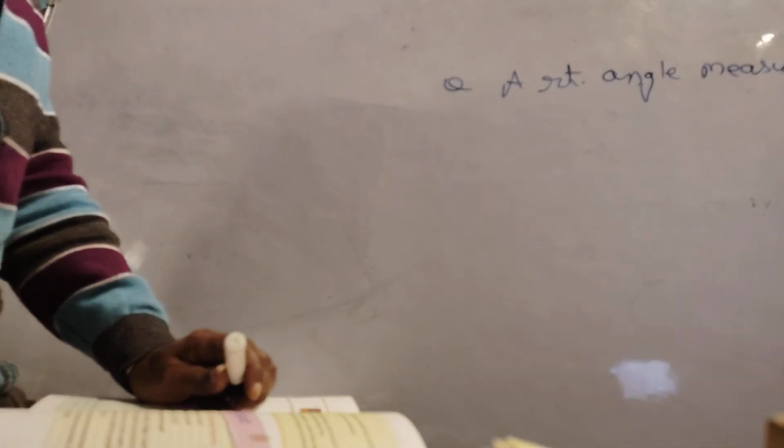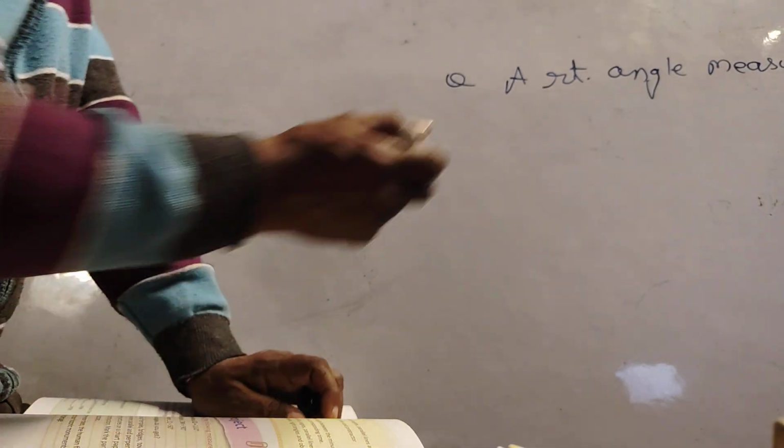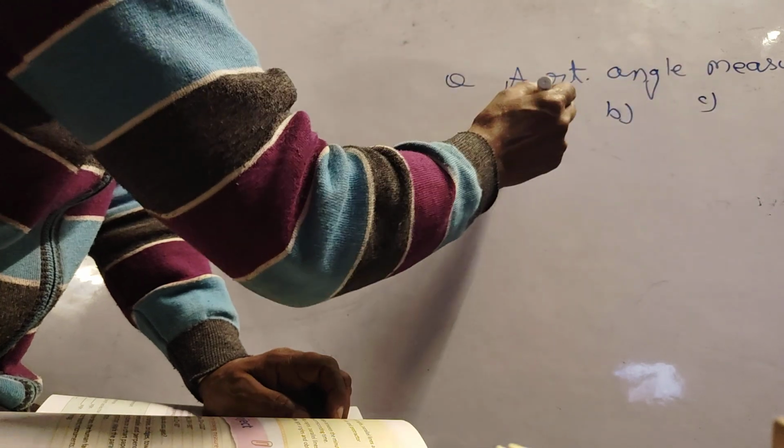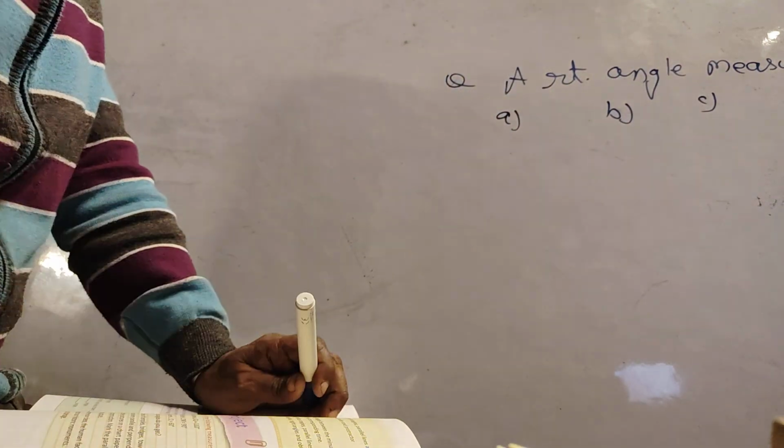What is the measure of a right angle? Look, 90 degrees. Correct. No need of options. 90 degrees is called a right angle.